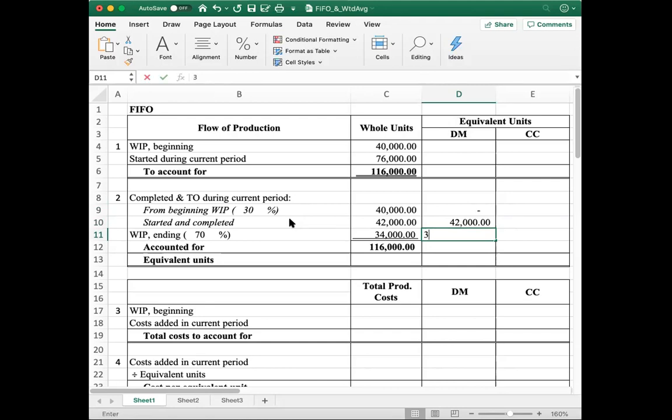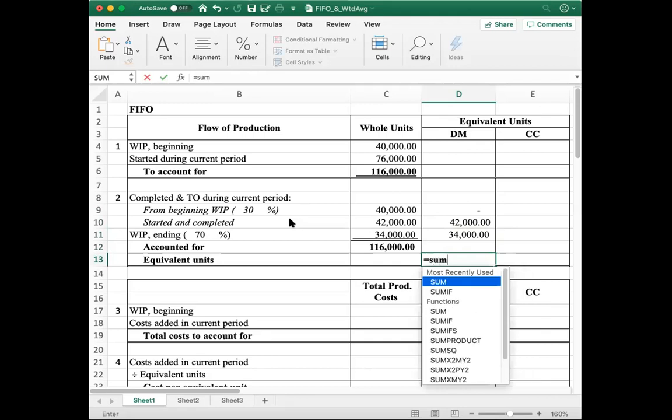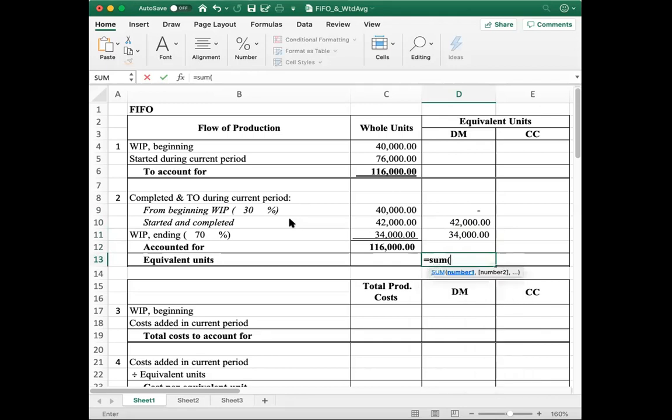So 100% times 34,000 is 34,000. Completes this. So the equivalent units for this is going to be, now we are going to use the sum command. Sum of, we are on D9, D9 colon D11.